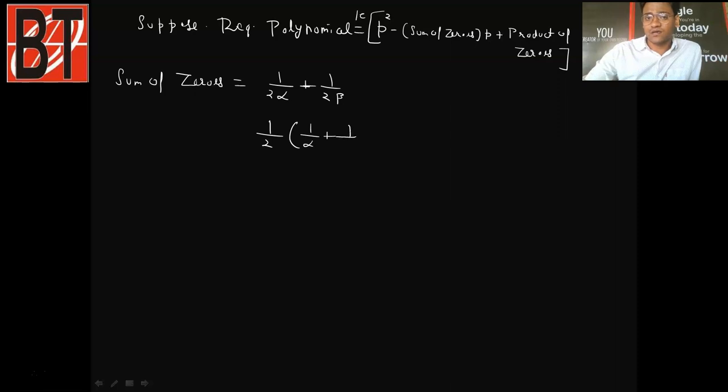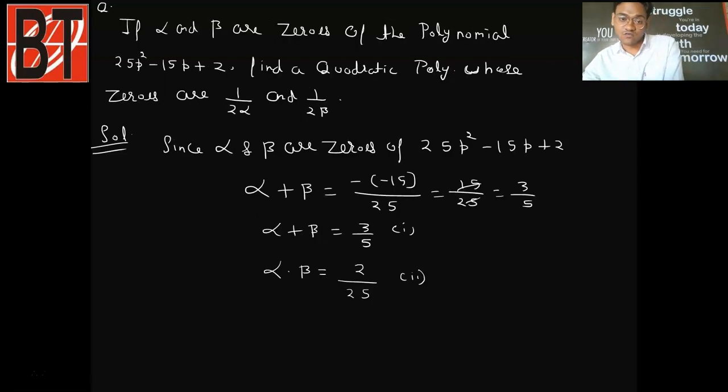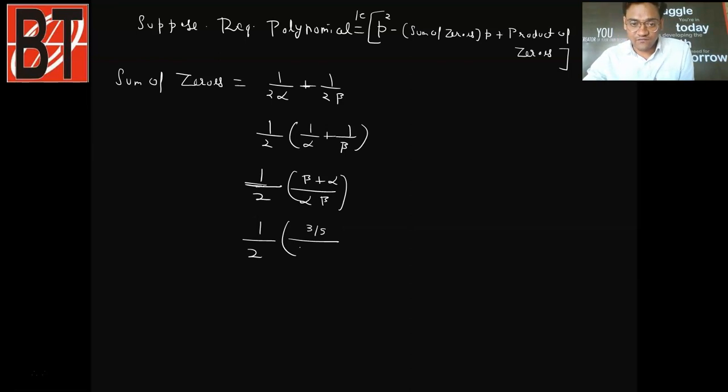Now I just told you how to simplify this in the last discussion. So for simplifying this, I will write it this way: alpha beta upon, in the numerator, beta plus alpha, or alpha plus beta, same meaning. Now students, alpha plus beta I can take directly from equation number 1, which is 3 by 5, and the value of alpha beta was 2 by 25.